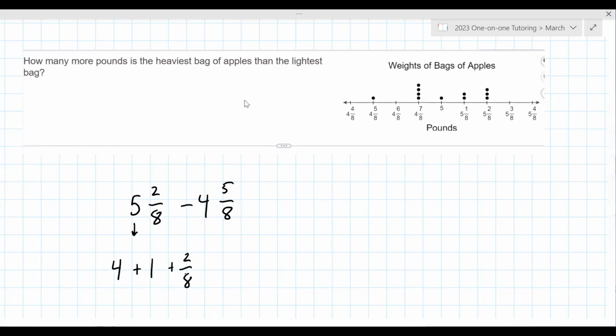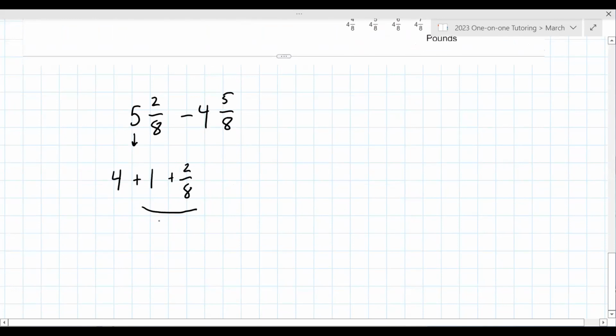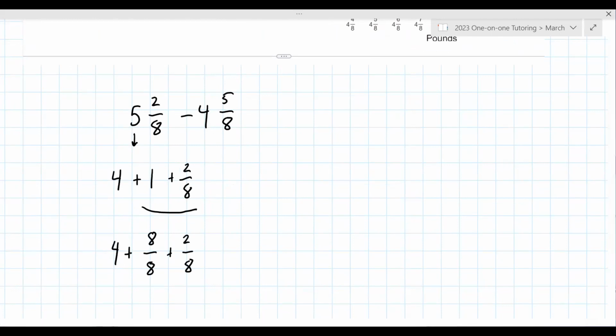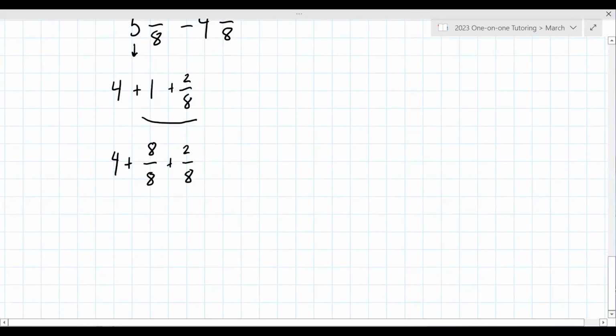Do you see that? Yes. All right. And then you add these together. So the 1 becomes 8/8. All right.